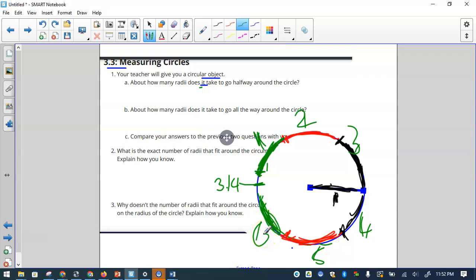And still there are small pieces left there. Let me use a different color. This is that small piece which is left. It was 6.28, the whole circumference, so 6 plus 0.28. So this part is 0.28.